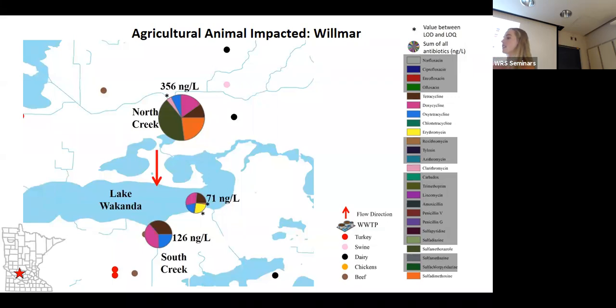We have oxytetracycline, which is used in swine, and there's a swine farm up there, and again, is natural. And we have a couple that are used mainly in humans. So we're unsure exactly of those sources, but those are generally smaller portions of the overall total of antibiotics.